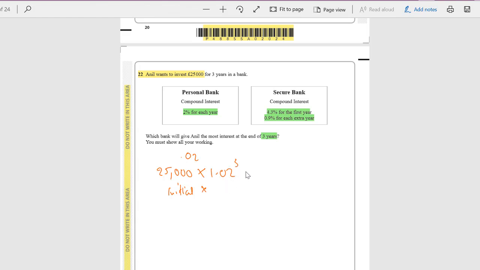If you put it in a calculator, you'll get 26,530 pounds and 20 pence. So that's for personal bank.